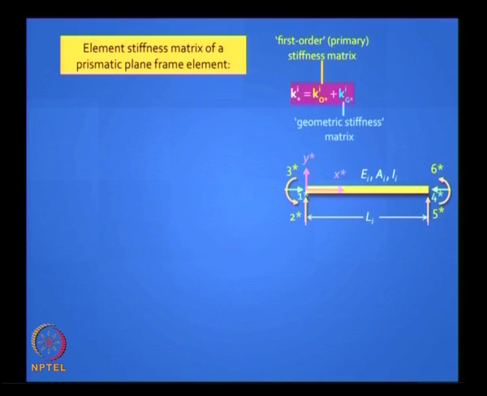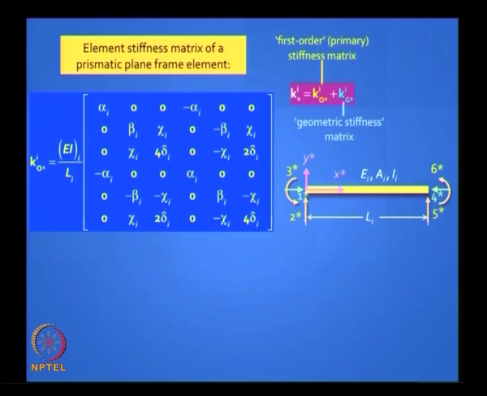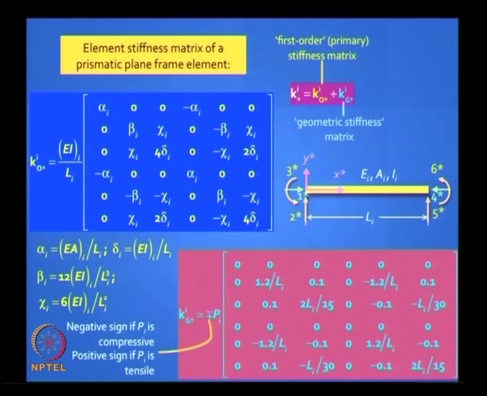If you have a plane frame element, you can do exactly the same thing, only thing now instead of a 4 by 4 matrix you have a 6 by 6. So it looks like this is your primary matrix, where you have the terms as we did earlier, and now you have this additional term for the geometric stiffness matrix.